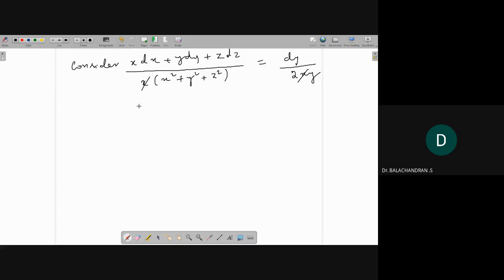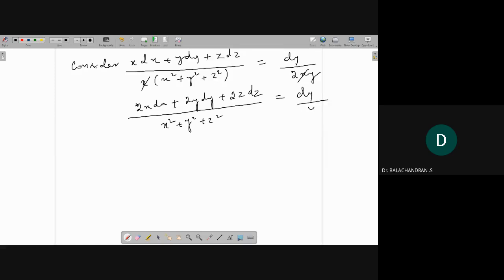Cross multiply by 2: 2x dx plus 2y dy plus 2z dz divided by x square plus y square plus z square equal to dy by y.